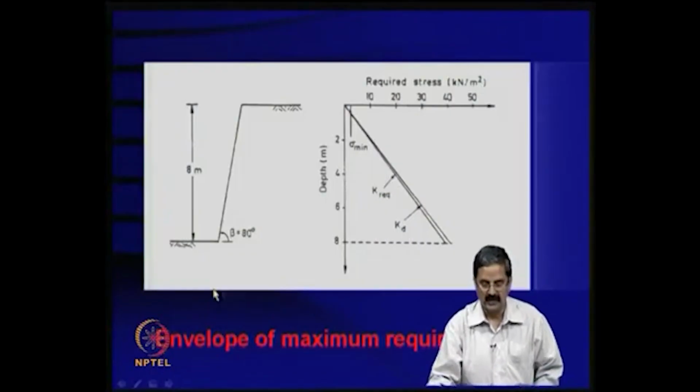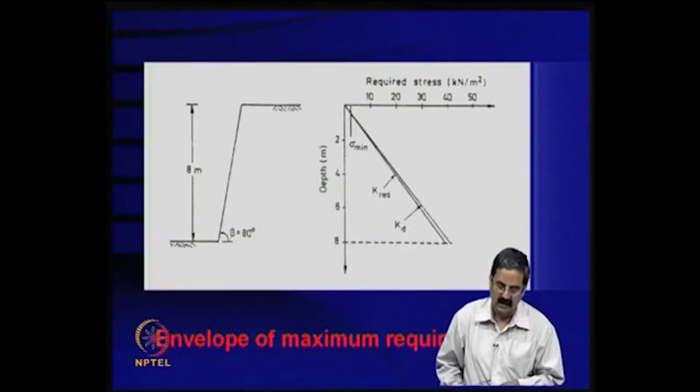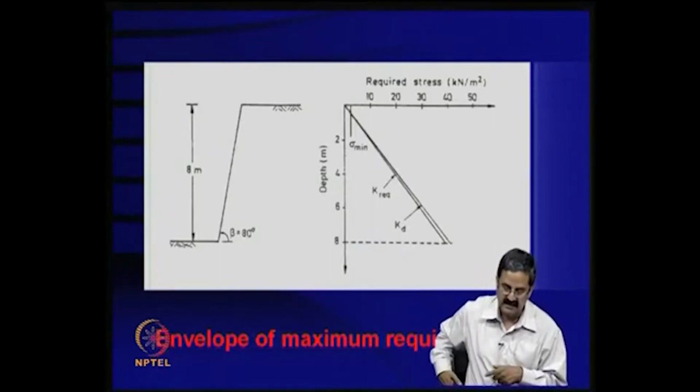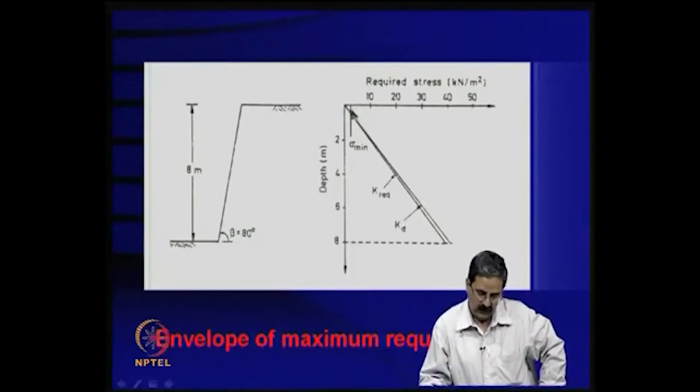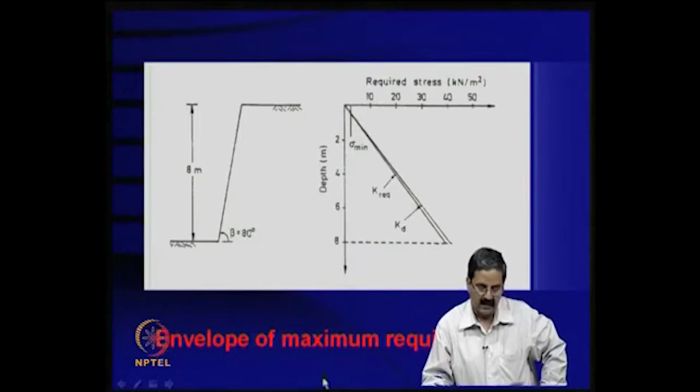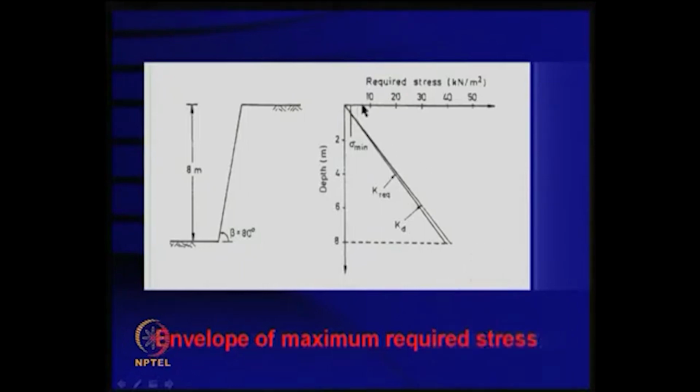So, what we did was that we just have this correction, with the required stress and the minimum value, about 2.2, and this is the slope angle, and assume that you are using some compaction and all that. So, the required stress could be a little higher.